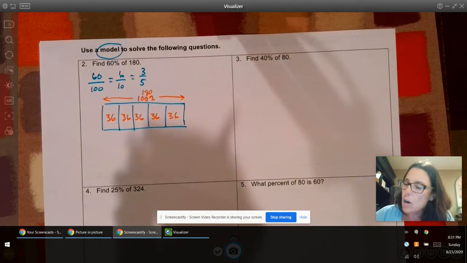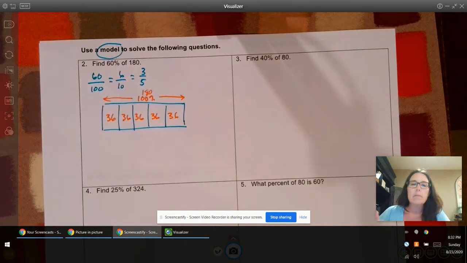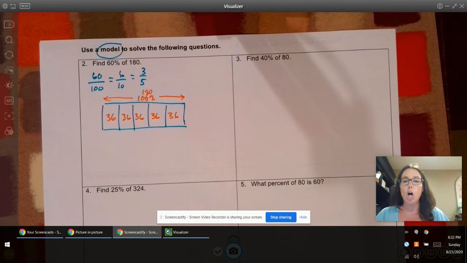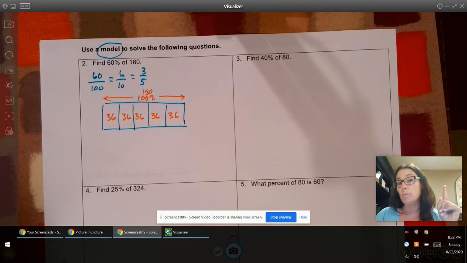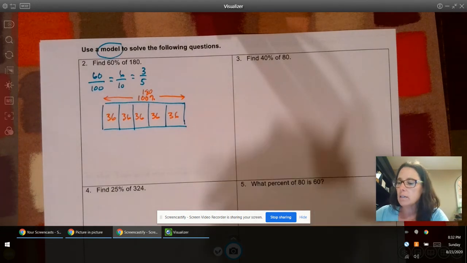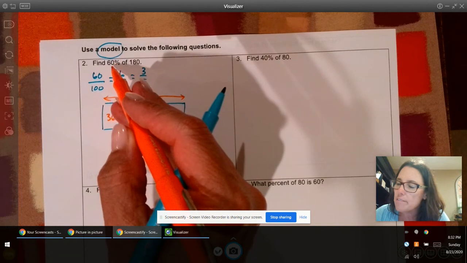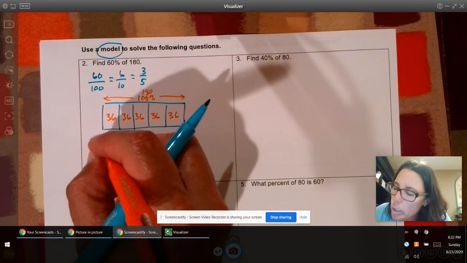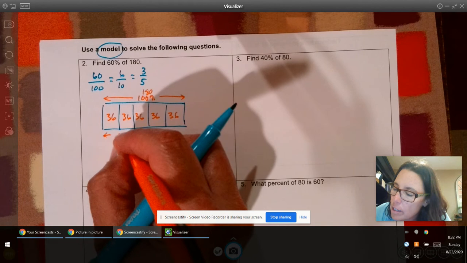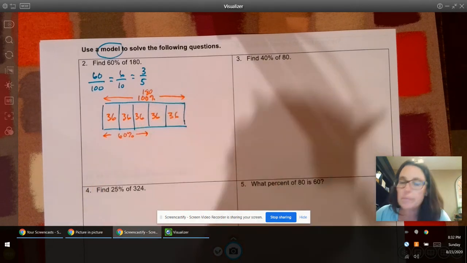All right, now 60%. Let's talk about the percentage in each of the boxes. If all 5 boxes are 100%, and there are 5 of them, how much percentage is in each box? Hope you said 20%, okay? So if one box is 20% and we want to mark off 60%, wouldn't we be marking off 3 boxes?